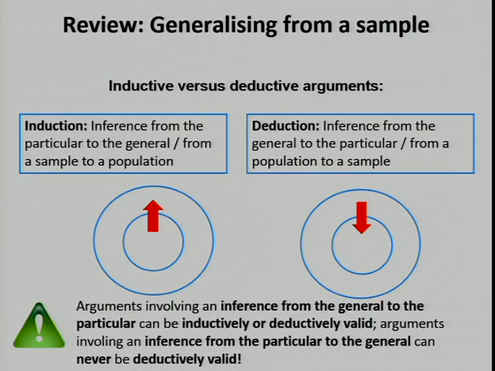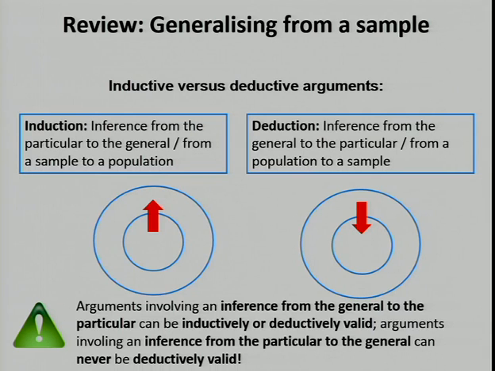Well, inductive arguments that move from a sample to a population are only ever going to lead to true conclusions with a certain probability. It's never guaranteed that all will behave in the same way as the members of the sample. By contrast, deductive arguments moving from a population to a sample can be either deductively or inductively valid. That's what you need to know in the background to keep those concepts straight.